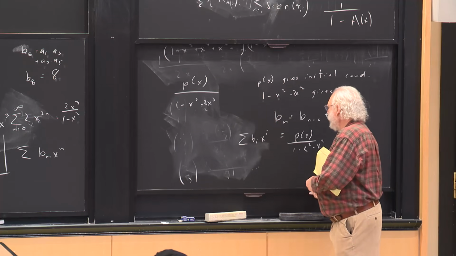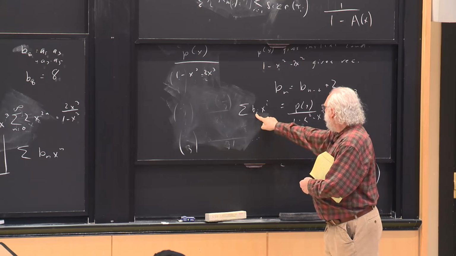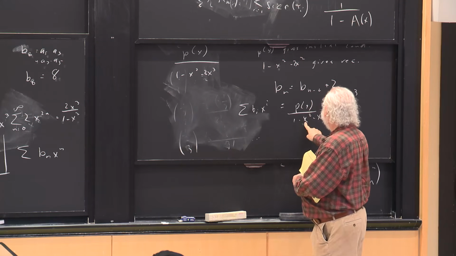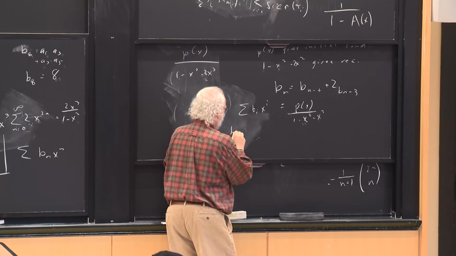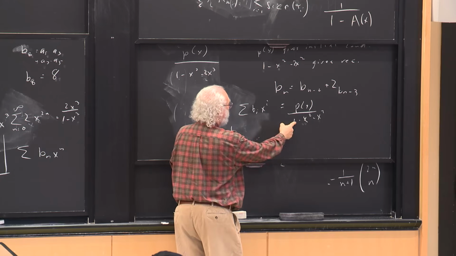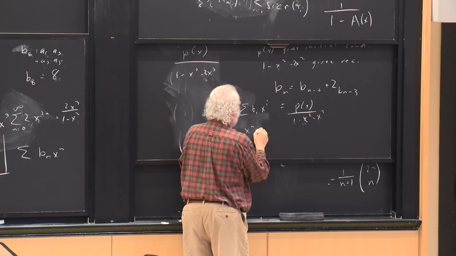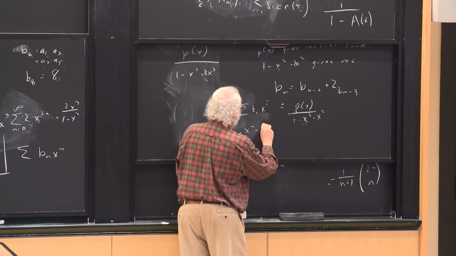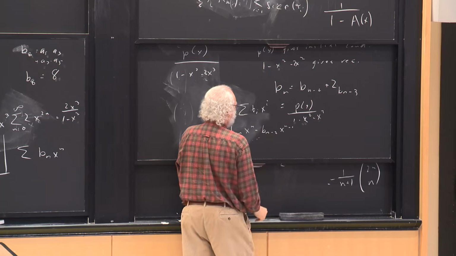What this means is that I want to multiply both sides here. So we're going to get b sub n x to the n minus b sub n minus 2 x to the n minus 2 times x squared.